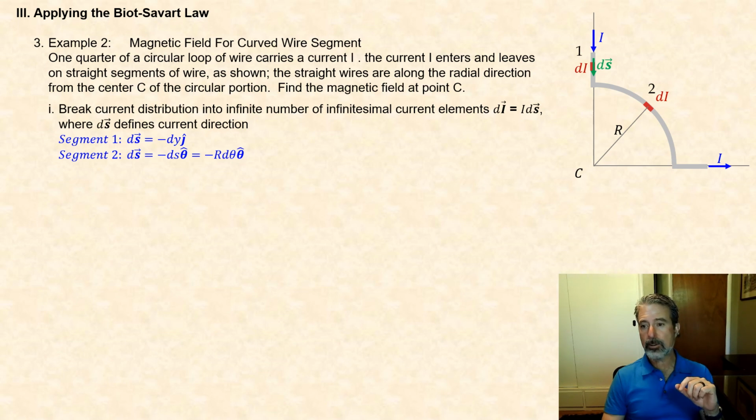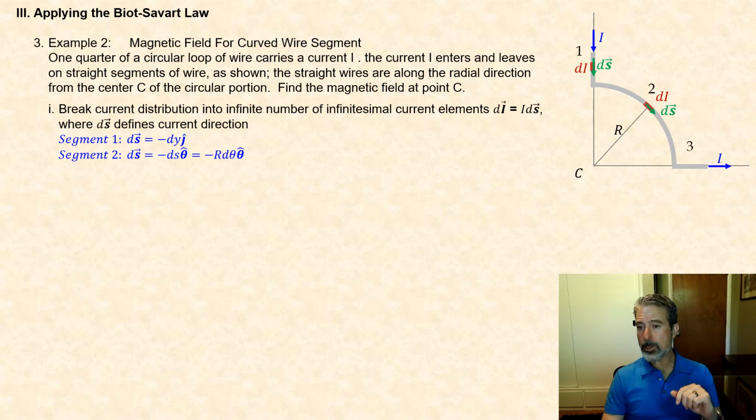And you can see here that using this concept of arc length, the infinitesimal magnitude of this vector ds, which I'll show you, we can describe as r, the radius of that circle, times d theta. And in this way, at least we have everything expressed in terms of the variable theta.